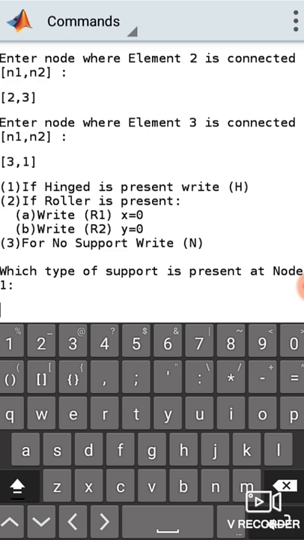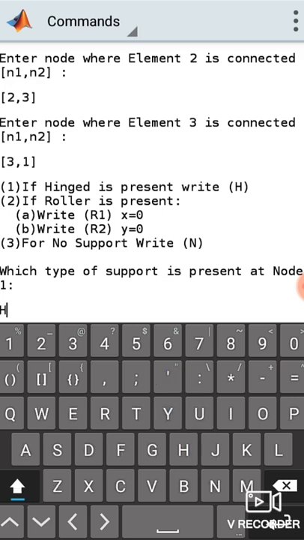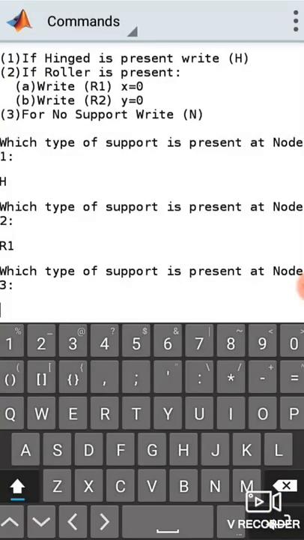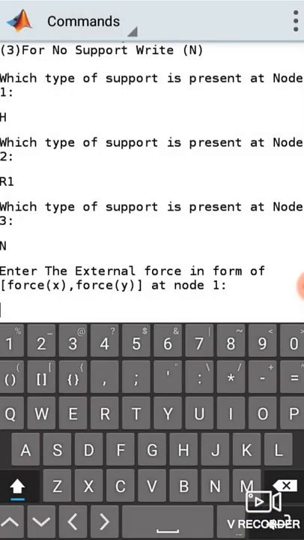The third part of the description says that if there is no support, write N. I have a hinge support at node 1, so I am writing capital H. At node 2 I have a roller support where x is equal to 0, so I am writing R1. I have no support at node 3, so I am writing capital N.